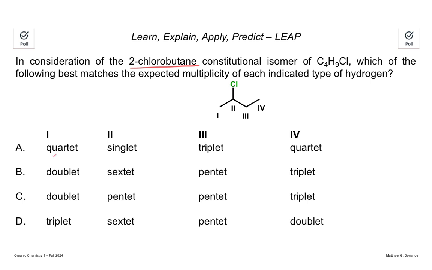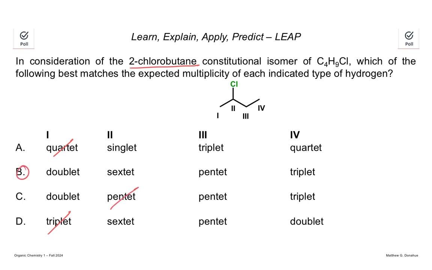So we can eliminate A and D. Carbon 2 has 1 hydrogen. How many total neighbors does it have? So 3 plus 2 is 5. 5 plus 1 is 6. So it looks like we're going to eliminate this now.